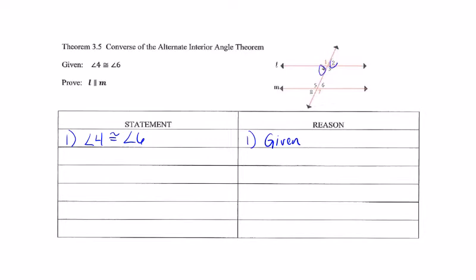We can say angle 4 and angle 2 are congruent, because then 6 and 2 will be corresponding. Or we can do 6 and 8. So I'll do 4 and 2. So for statement 2, angle 4 is congruent to angle 2 because of the vertical angles theorem.